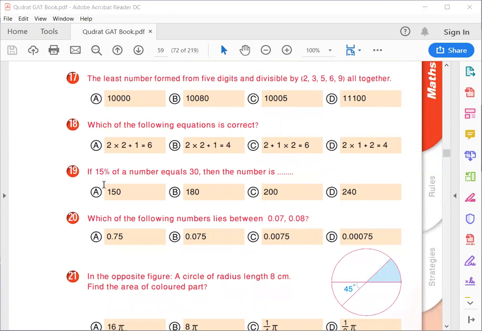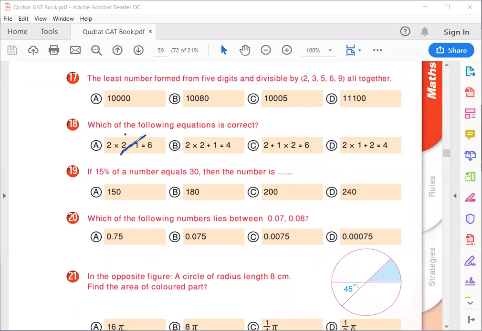We will go to number 18. Which of the following equations is correct? Okay, try it. 4 plus 1 is 5.